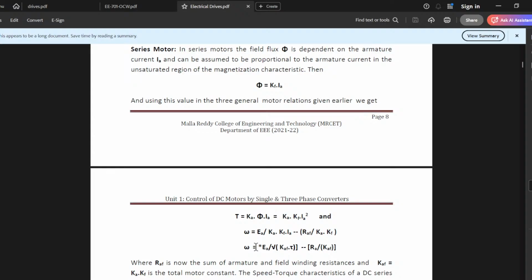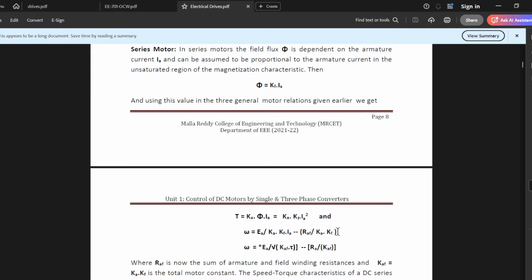Torque becomes Ka Kf Ia squared, and speed becomes EA upon Ka Kf Ia minus Ra upon Ka Kf, where Ia and Ia cancel out.